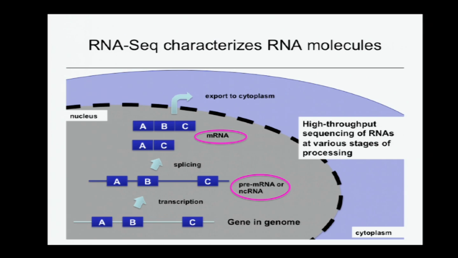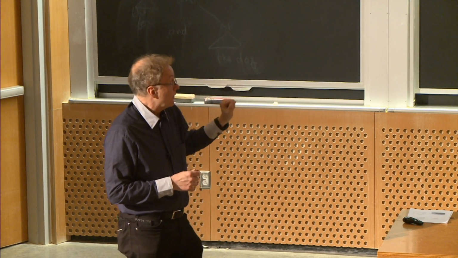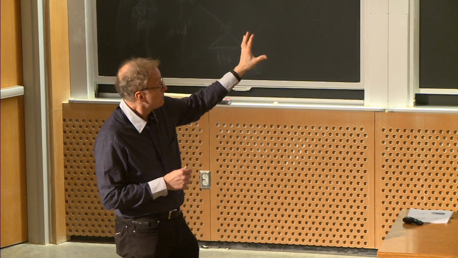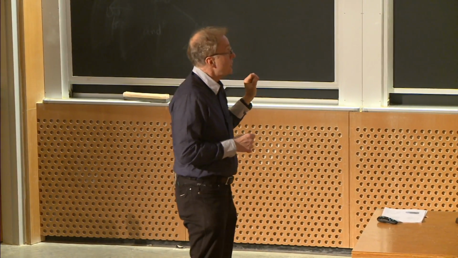As you probably know, the study of non-coding RNAs is extraordinarily important. There are over 3,300 so-called long non-coding RNAs that have been characterized so far. Those are non-coding RNAs over 200 bases long.